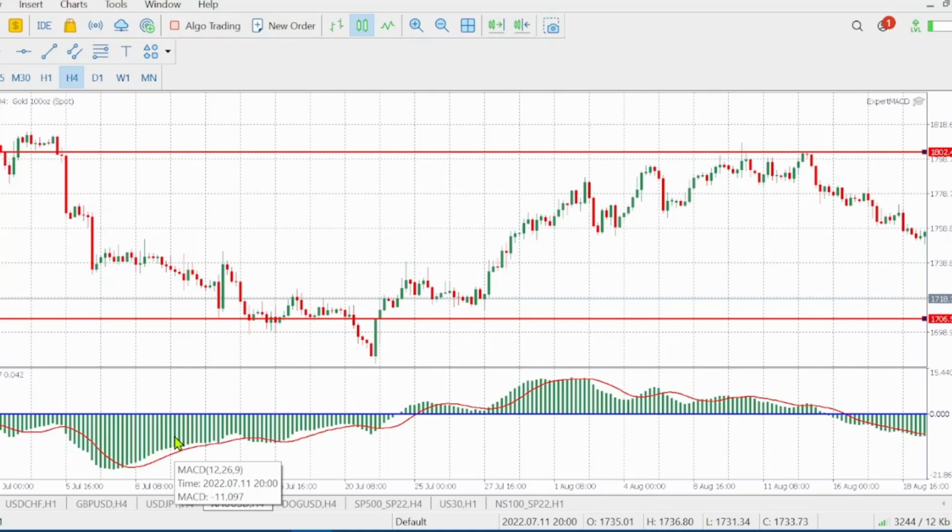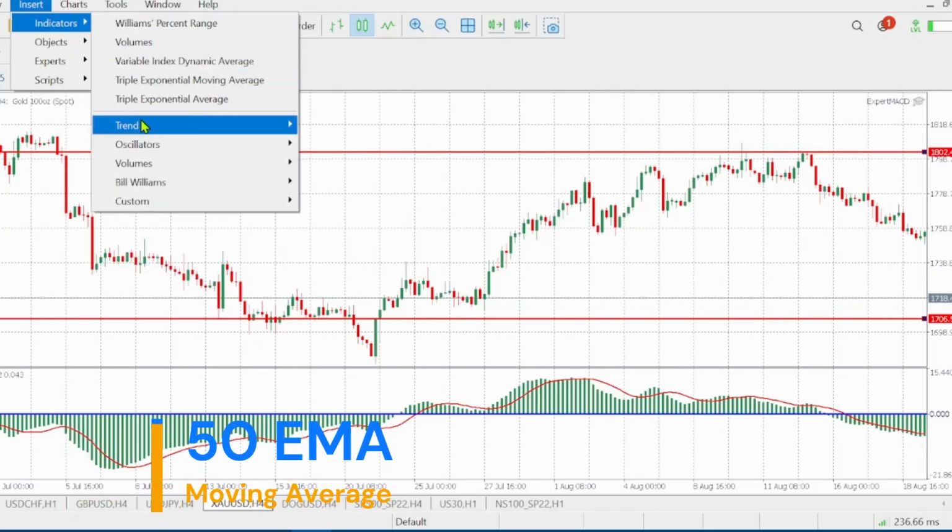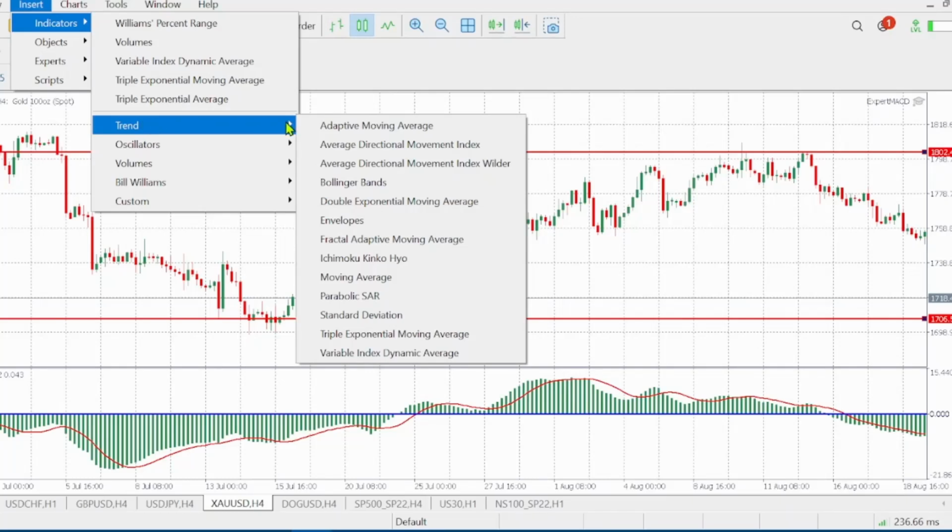Now, let's add the 50 EMA, then we look for conditions toward the moving average. Let's click on insert, indicator, trend, then you'll see moving average.